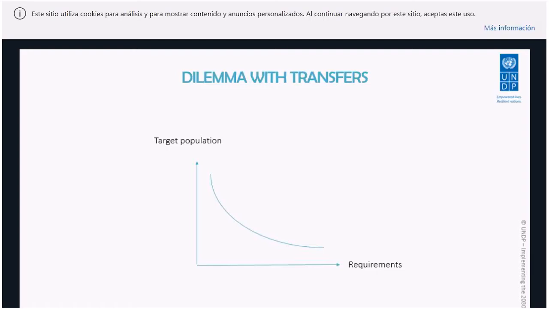So when disentangling the different effects of each component, we observed that the pure effect of social transfers was a reduction of poverty by 7 percentage points, from 50 to 43%, for instance, right?